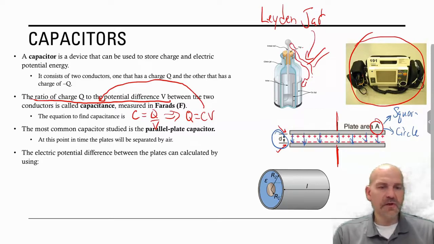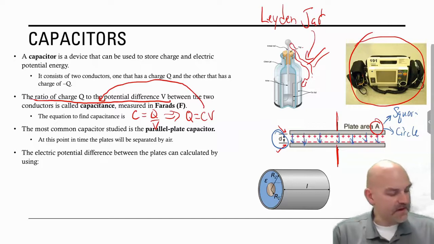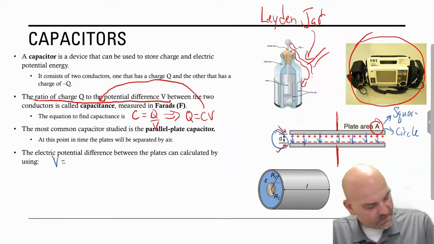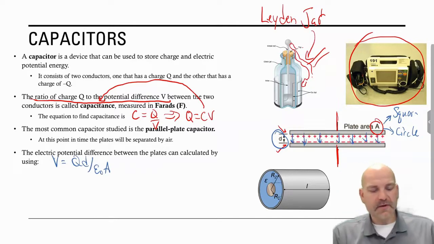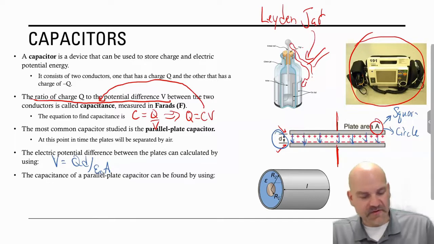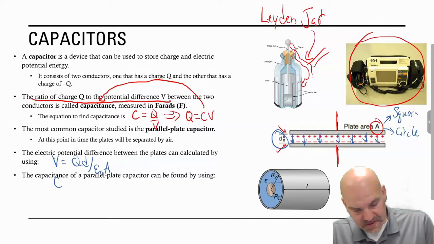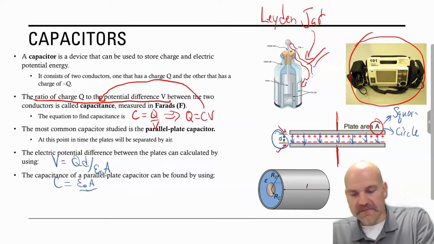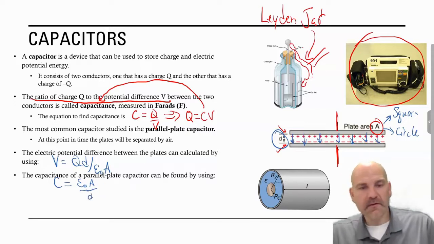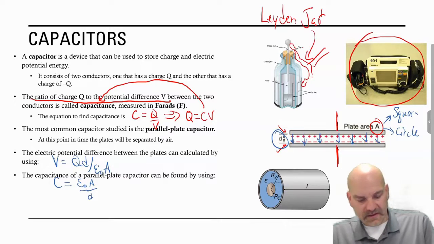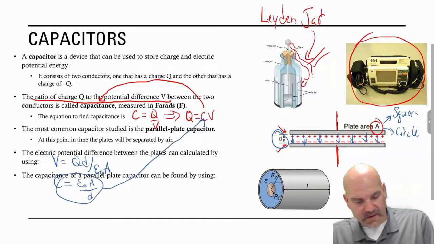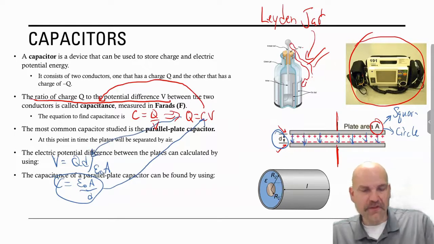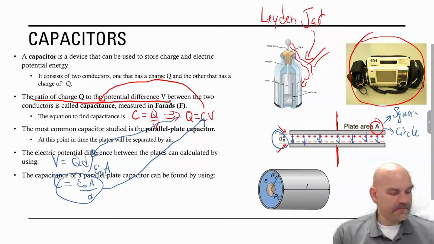Now, the electric potential between the two plates can be calculated by simply doing V equals QD divided by epsilon naught A. In fact, I should have put this next bullet point before this one, because the capacitance in relation to distance and area is epsilon naught A over D. And then if you plug this in and do a little bit of algebra, you end up with QD over epsilon naught A.